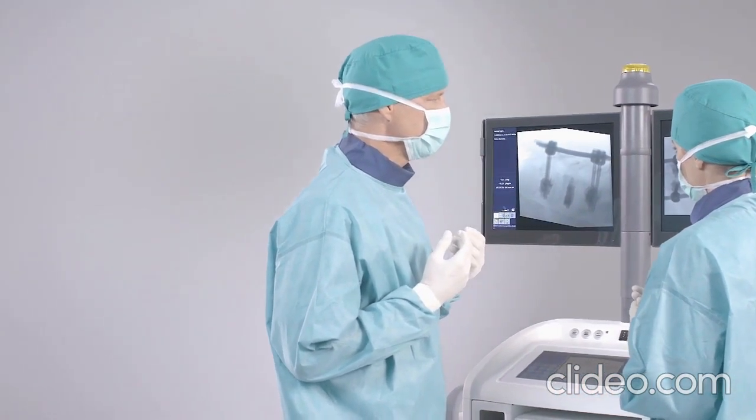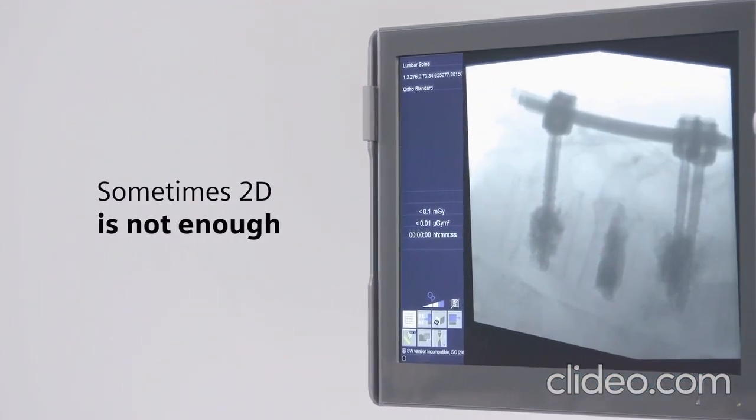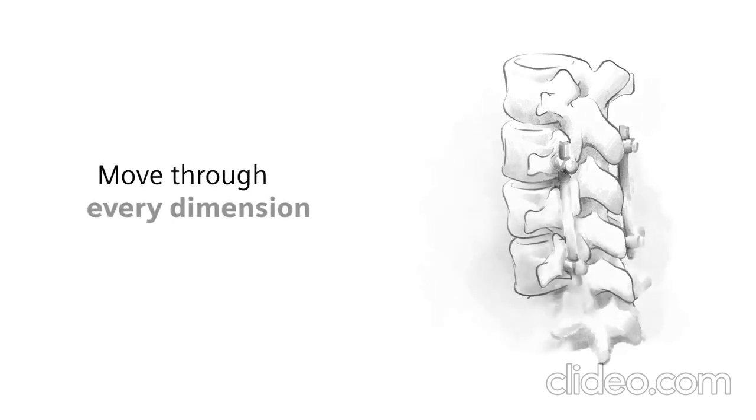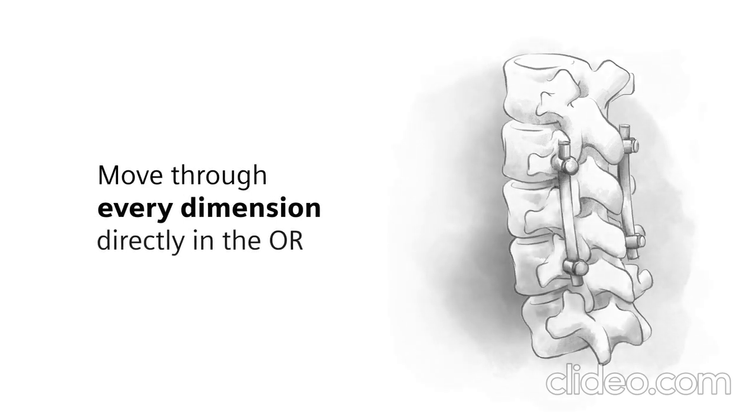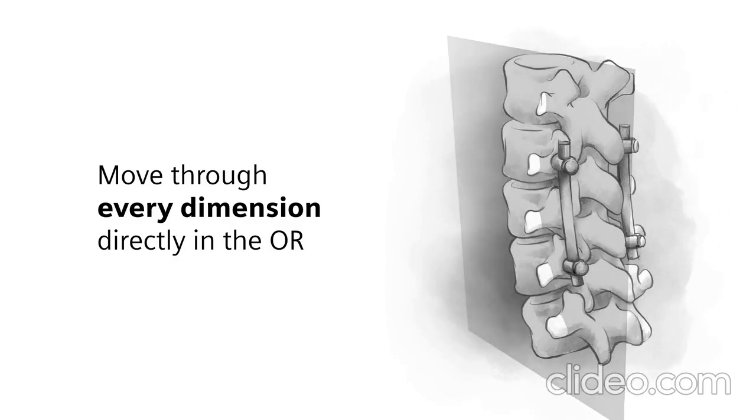To be sure of your results, sometimes even excellent 2D images are not enough. That's where interoperative 3D comes into play. Move through every dimension directly in the OR, coronal, sagittal, and even axial.